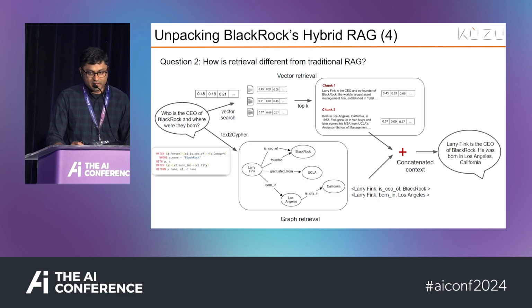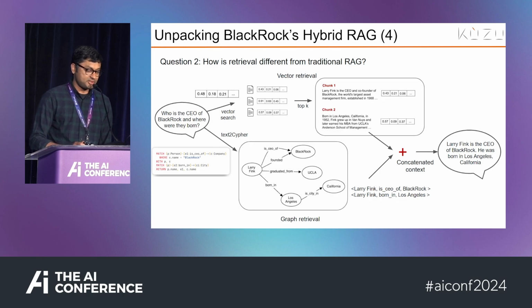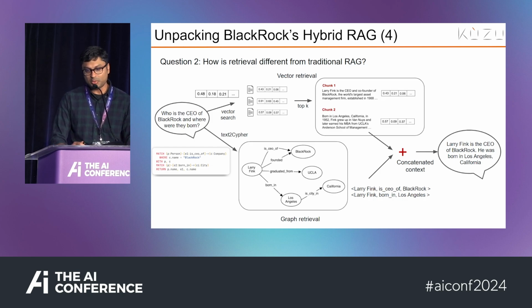So the key point we're trying to make here is that the way the hybrid RAG approach works is you obtain the context from the vector database and you obtain the context from the graph database, and you concatenate those. The combination of this provides the generation LLM more context, and that's what allows it to generate the response that Larry Fink is the CEO of BlackRock and he was born in Los Angeles.